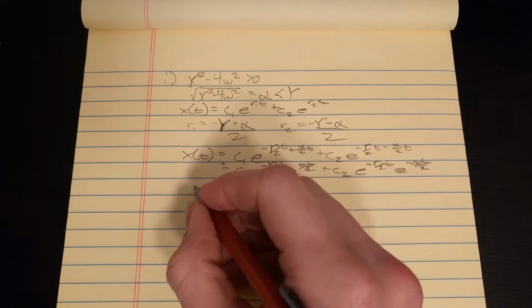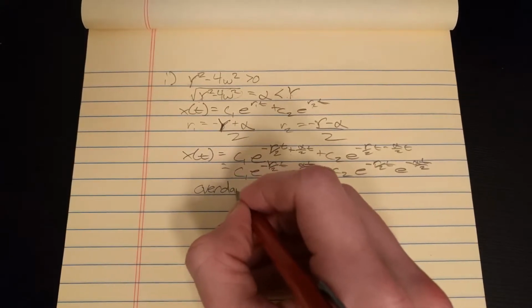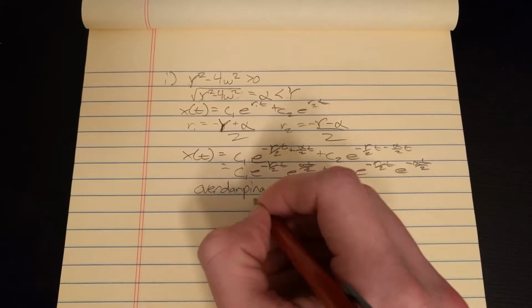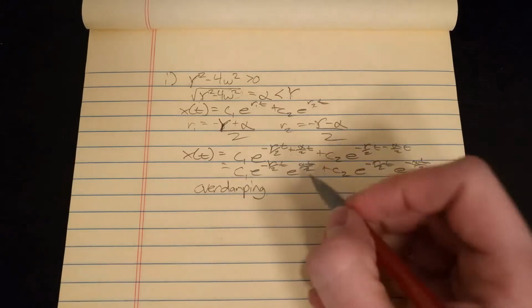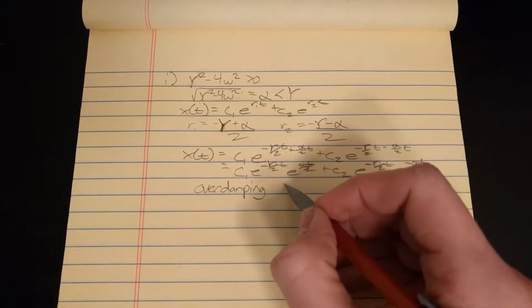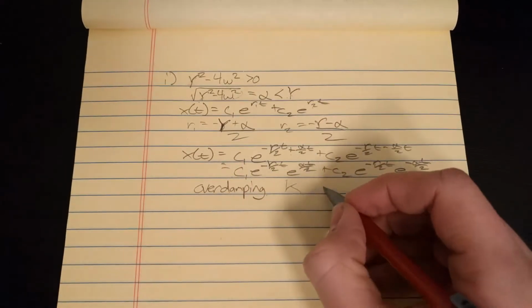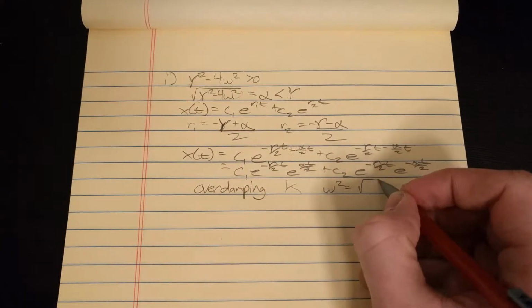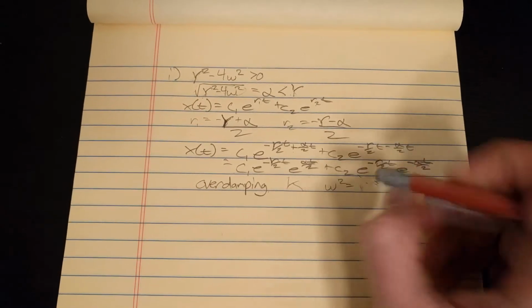This case is called overdamping. Overdamping basically means that your force constant k is so large, because remember, omega squared was equal to k over m.